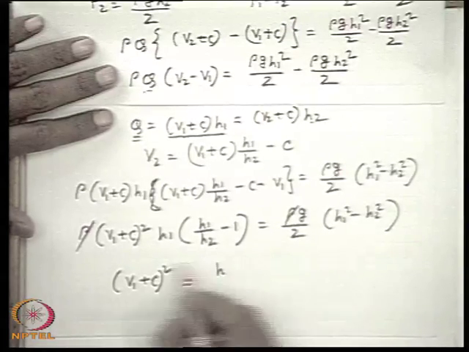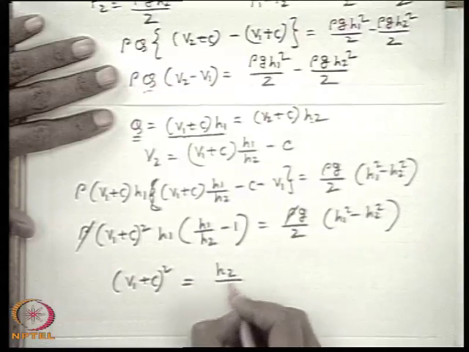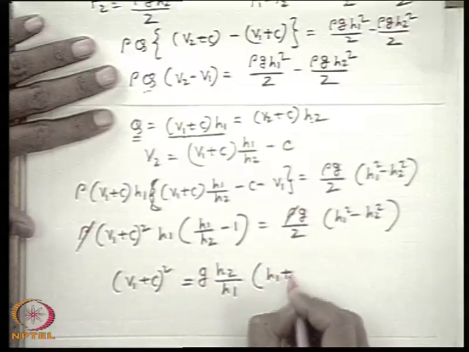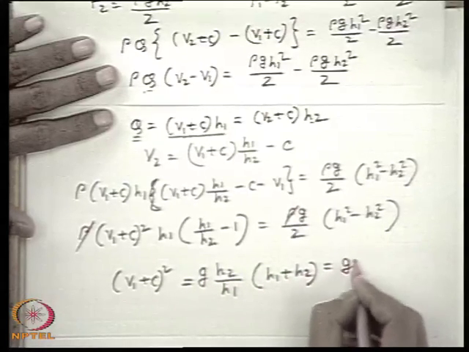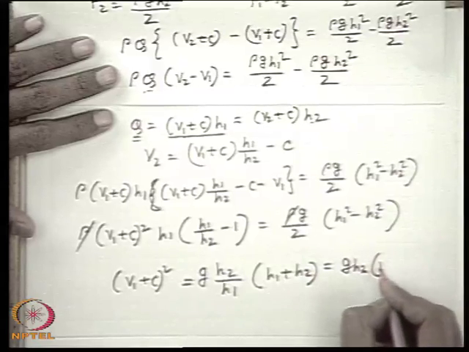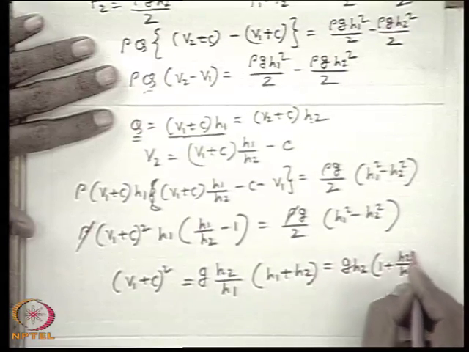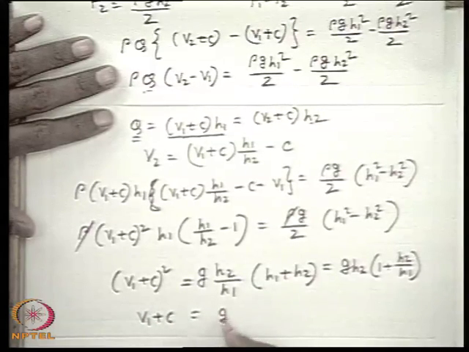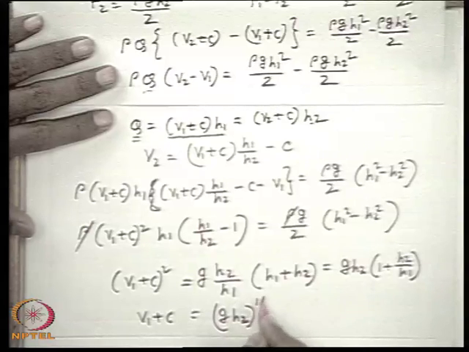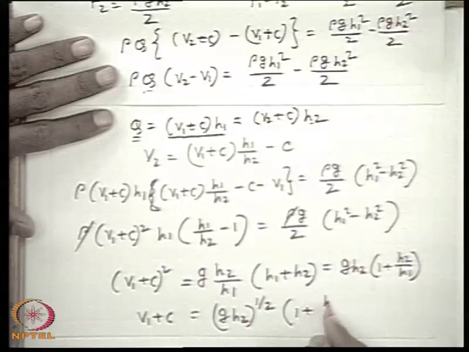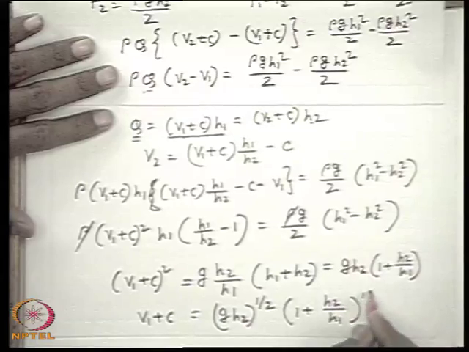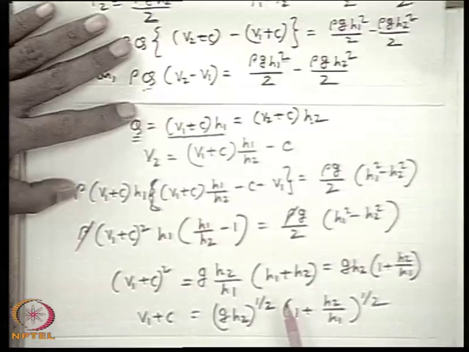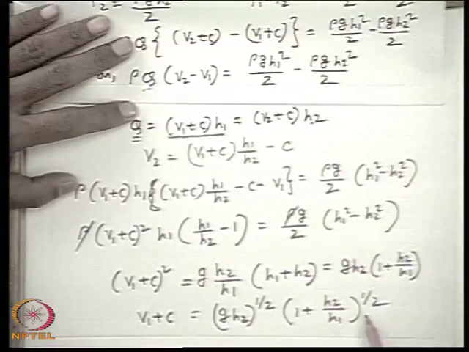Therefore, we get (V1 plus C) whole square is h2 by h1 into g into (h1 plus h2), or we can write g h2 into (1 plus h2 by h1). So V1 plus C is equal to (g h2) to the power half into (1 plus h2 by h1) to the power half. This is the expression for V1 plus C.